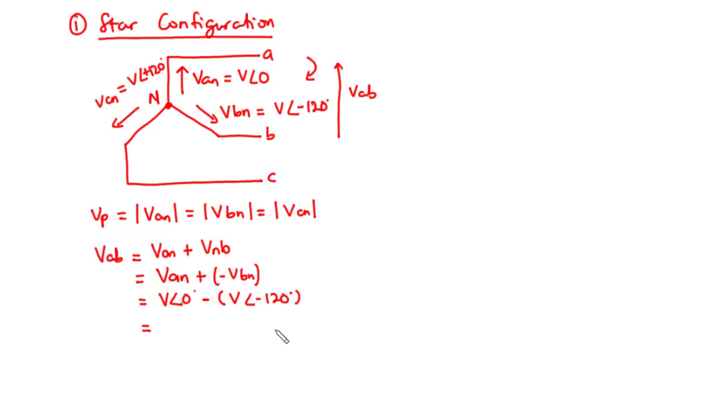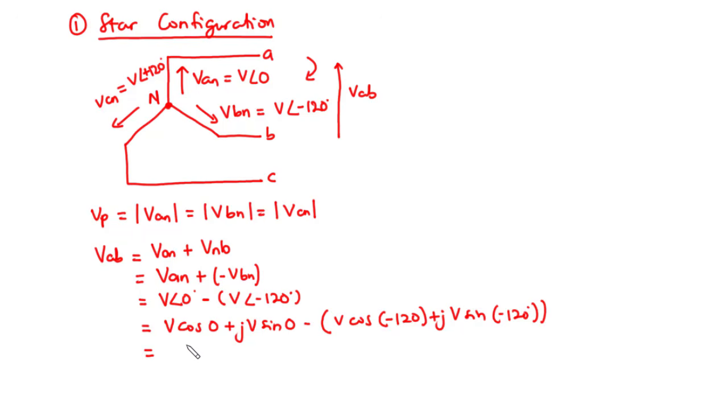Now let's resolve these phases from the polar form into the rectangular form. So that's going to be V cos 0 plus jV sine 0 minus, we have V cos negative 120 plus jV sine negative 120.